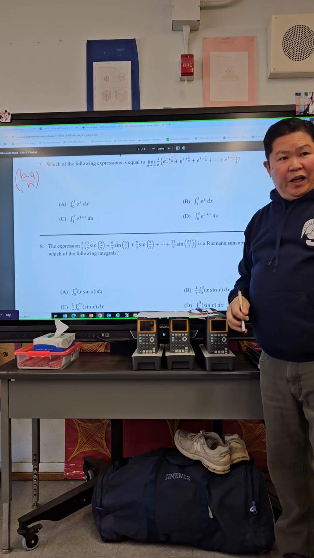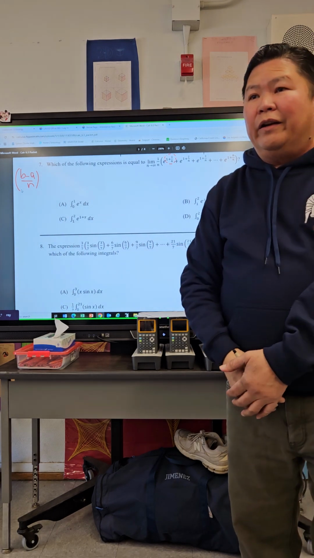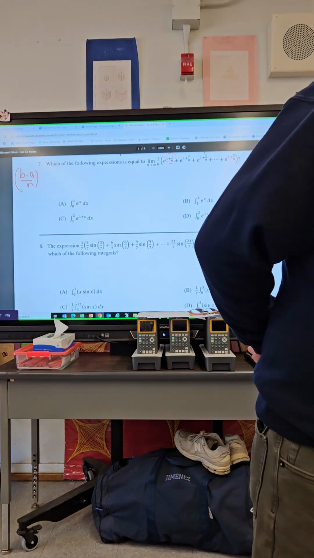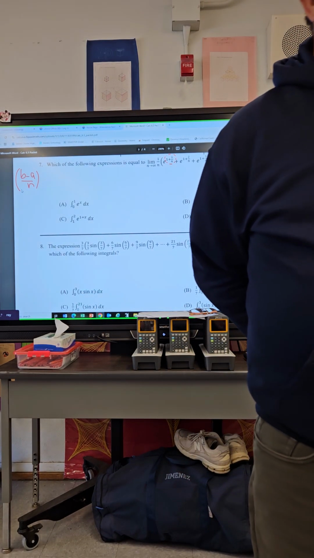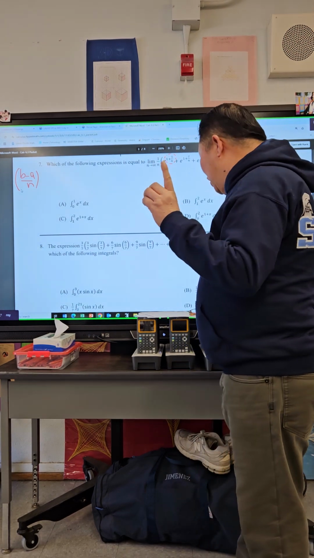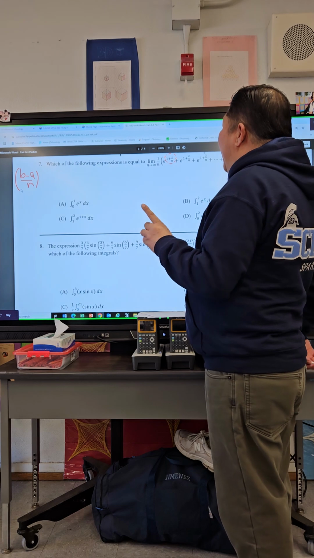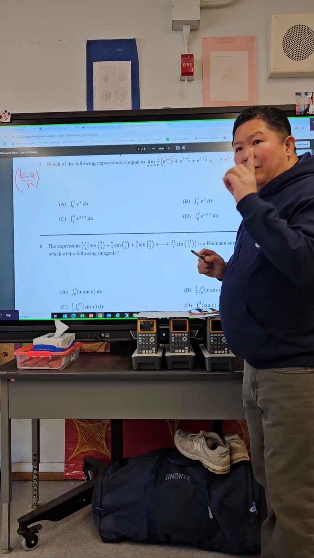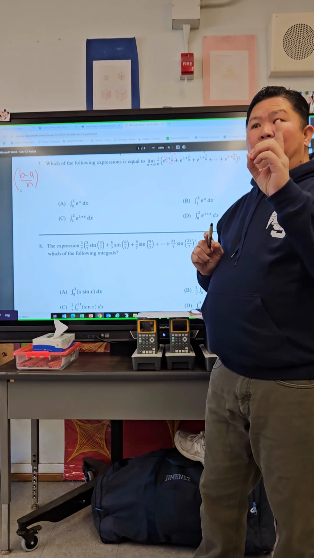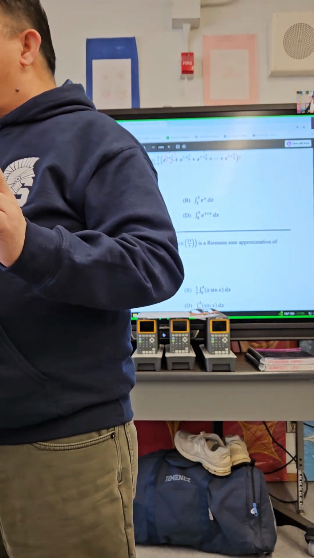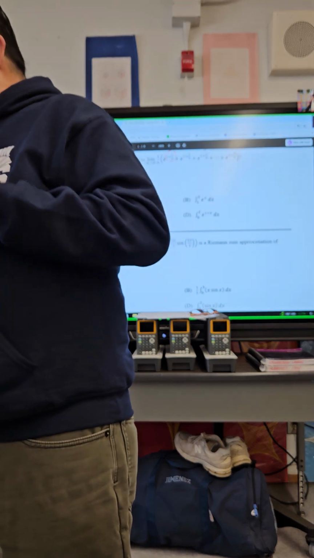Do you notice, is there a lower limit that you can see from the given dotted x? It's gonna be 1. The lower limit is 1. Very good. But look at the numerator. It's gonna be 1. A number minus 1 equals 1. What do you think is that number? 2, right? 2 minus 1 is 1.